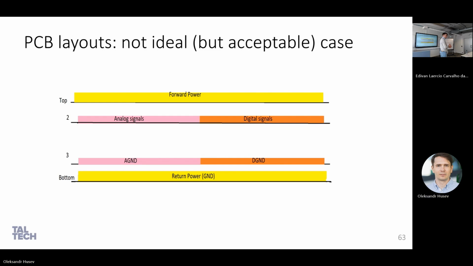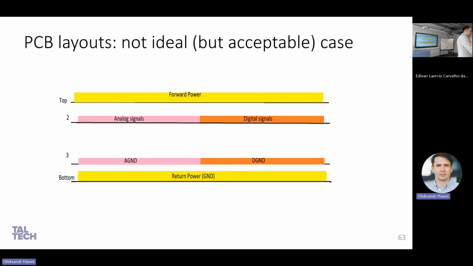Or if you have such a compact PCB design that everything must be very close to each other. Good questions? I have a question about ground. So you said that if we are using a ground signal, we must have a ground plane.